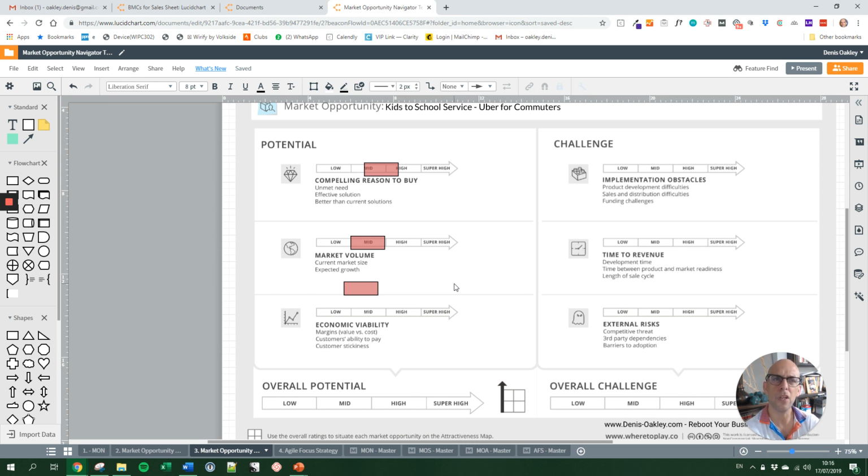So if numbers are too small, it's not economically viable. What we can do with a smart app is to do much more dynamic routing, dynamic driving, and making sure that everything works so that we can probably do it with fewer children needing to be transported and still be more profitable.